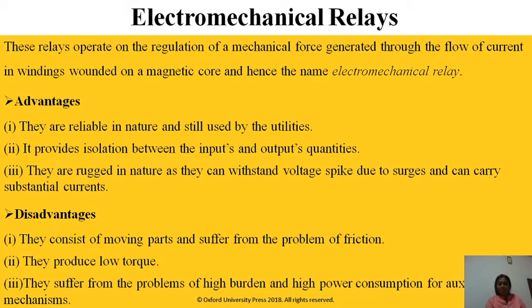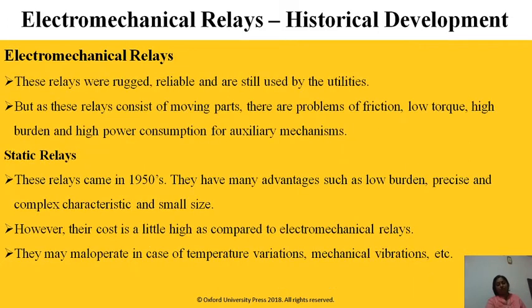These relays have certain advantages and disadvantages. The main advantage is that they are rugged in nature, as they can withstand voltage spikes due to surges and can carry substantial current. The main drawback is that, as they have moving parts, they suffer from the problem of friction.